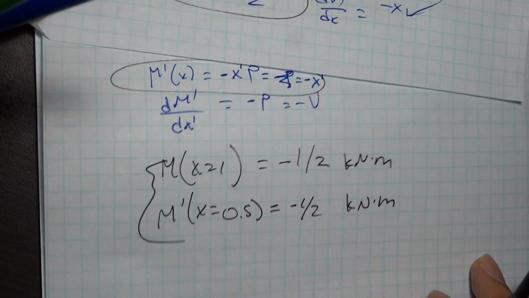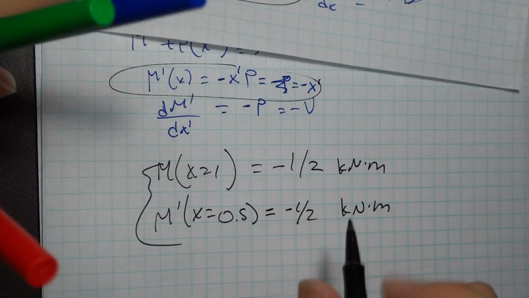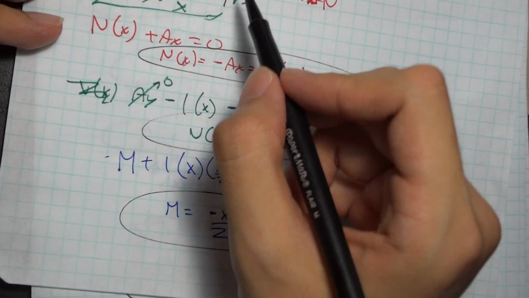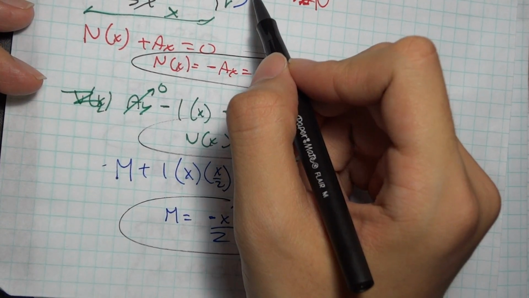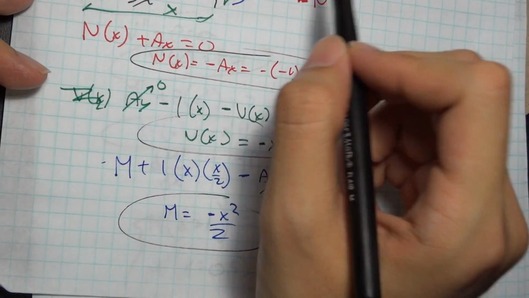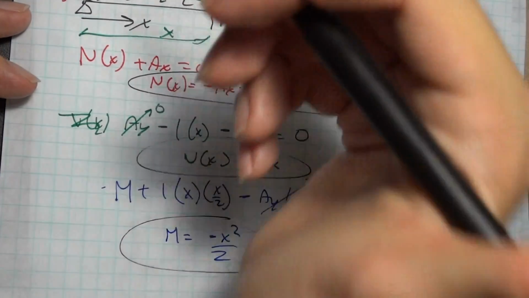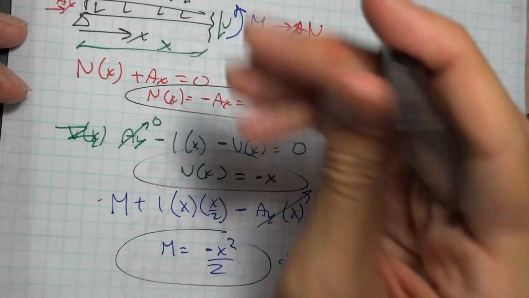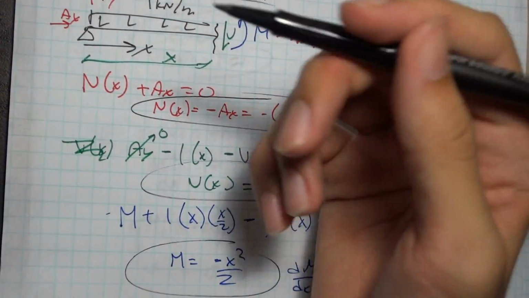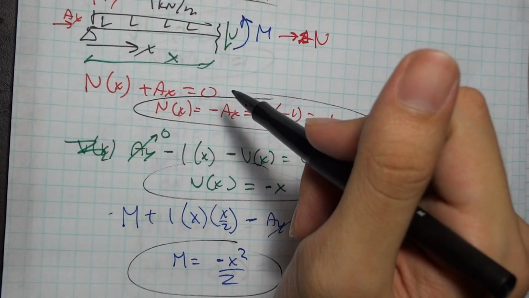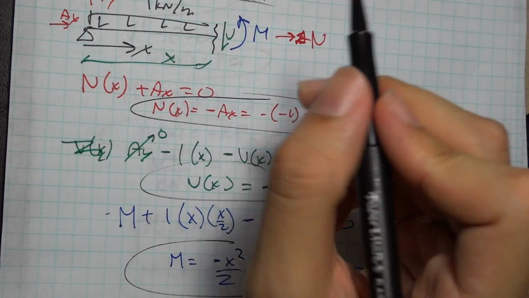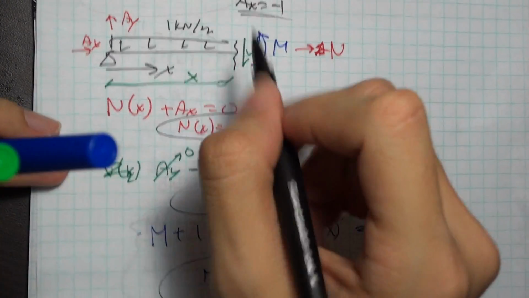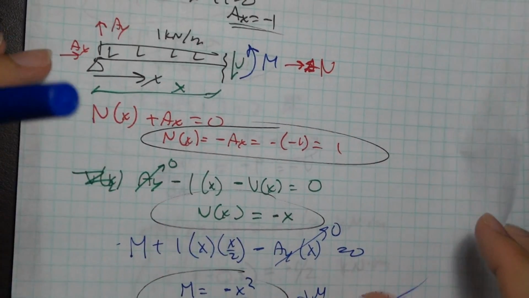Now let's look at our shear and our axial. Our rotation actually acts in the same direction regardless of what we're looking at because we're looking at a 2D frame. Our rotations always act out of the page or into the page, however you want to look at it. They act into the axis that we're not looking at. Our normal and our shear forces act in perpendicular directions. And so what does this mean?